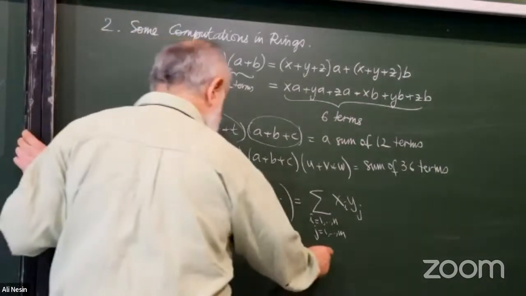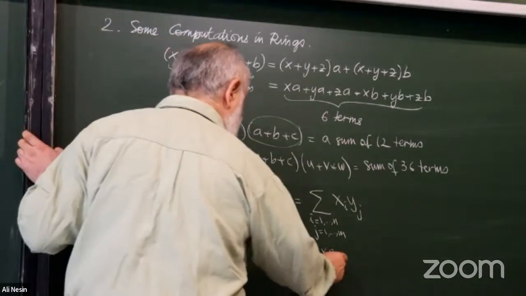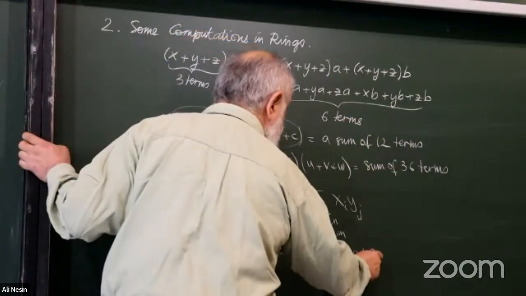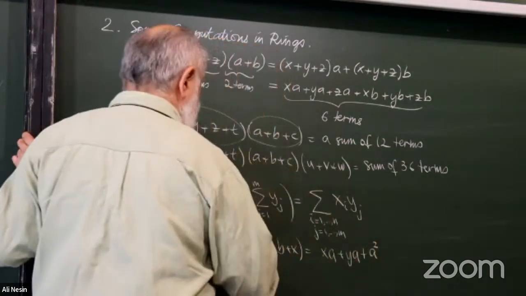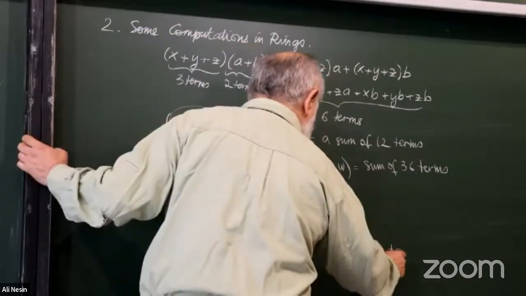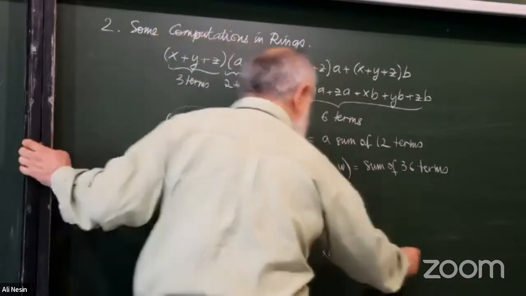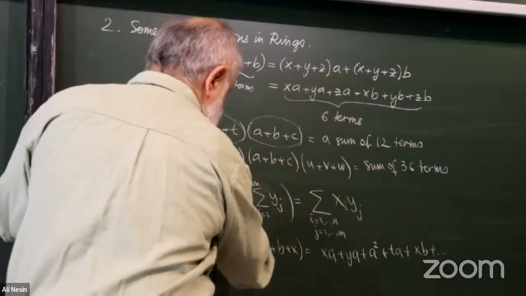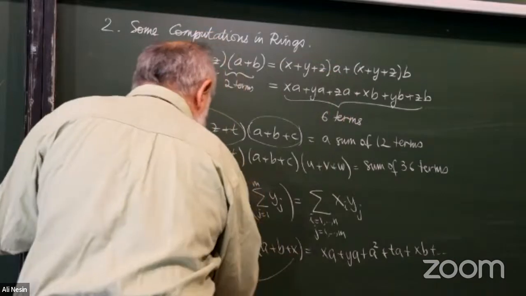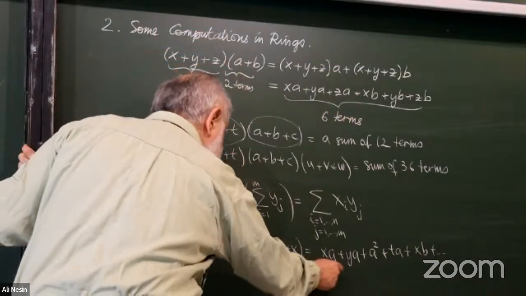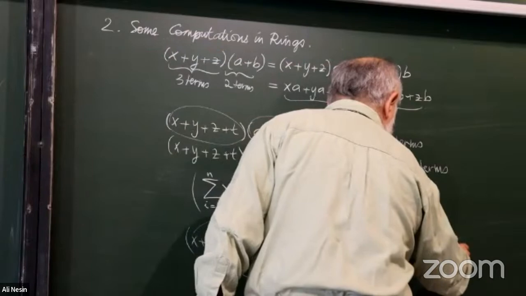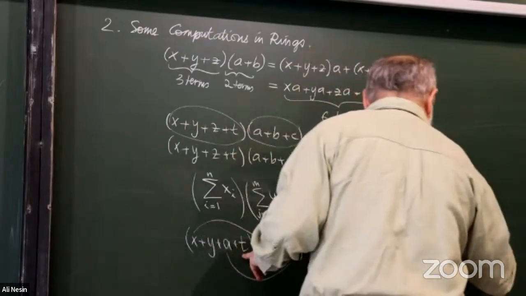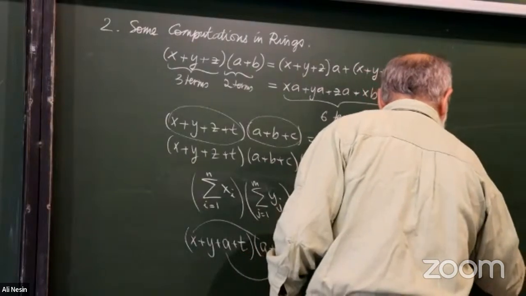We'll have xa, ya, a times a, denoted by a squared, ta, and then with b's, xb, and so on. But at some point we'll also have ax, right? This and this, ax. We have xa in the beginning here, and at some point we'll have ax, and in the end we'll have tx, or whatever.